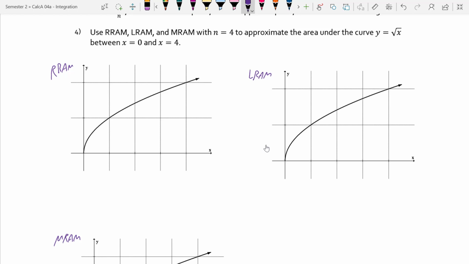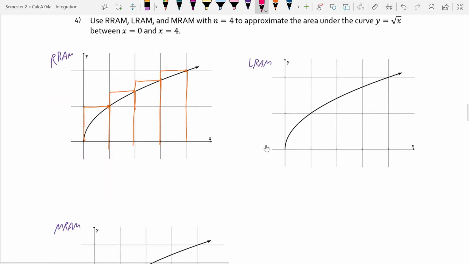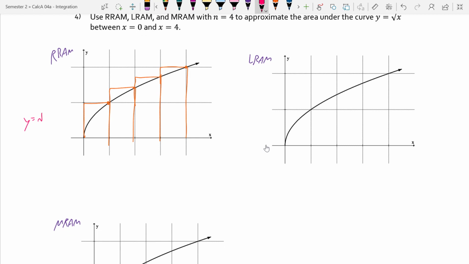So it says to do n equals 4. It's not always going to be the same number of intervals as boxes that you have, but here it is, so it's very nice to draw this. RRAM, if we draw it, is going to look like this. And really, when it comes down to it, what you have to know is the function values. This is the curve y is equal to root x, and we want to go from 0 to 4. So this point right here is 1, 1.